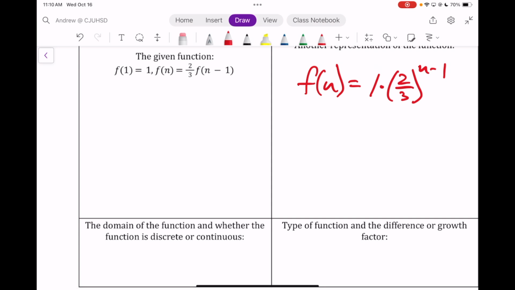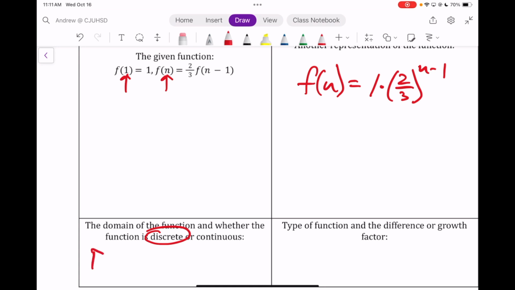Well, that is not continuous. That is discrete. And the reason is, our inputs can only be the numbers 1, 2, 3, 4, 5, and so on. Because we're talking about the first number, the second number, the third number.